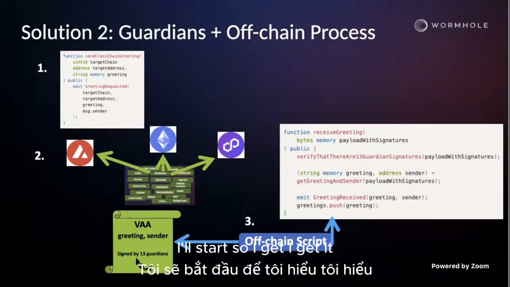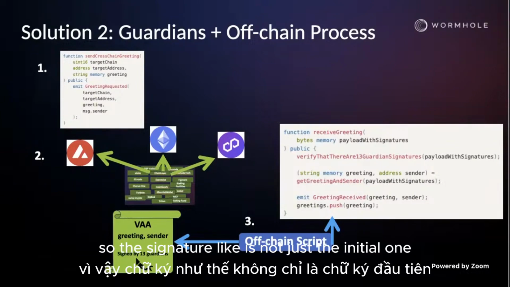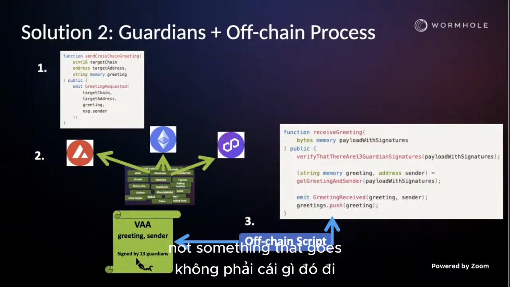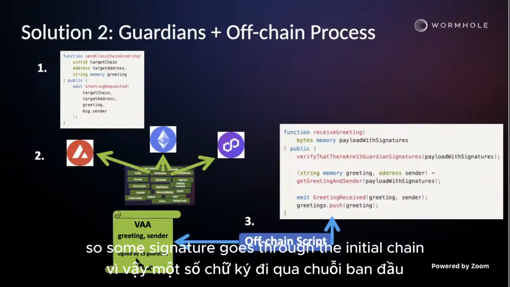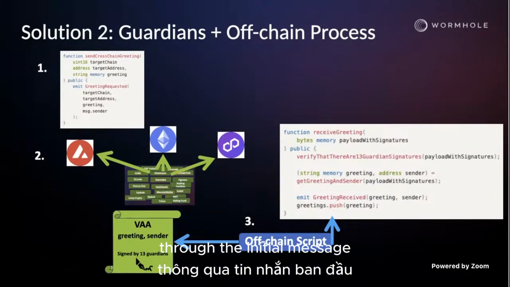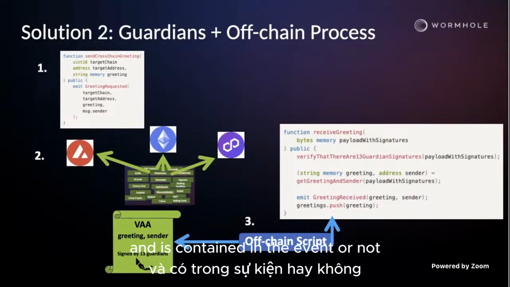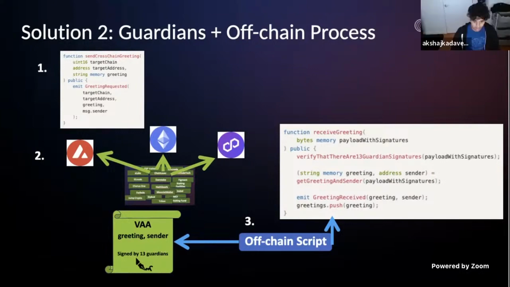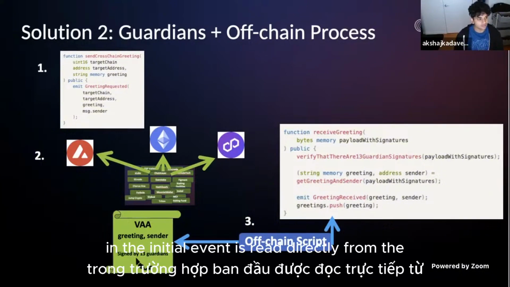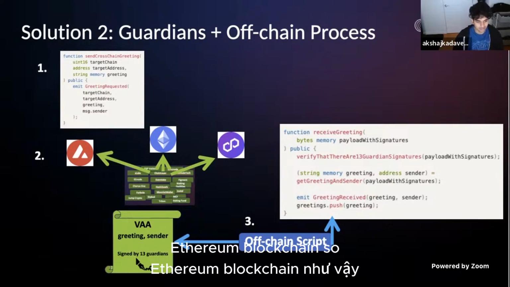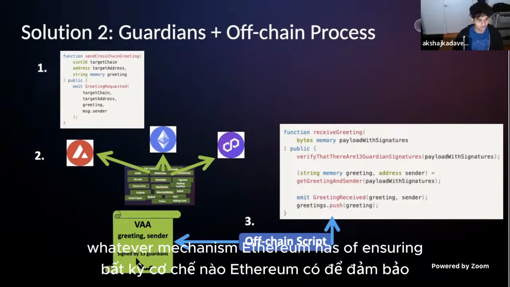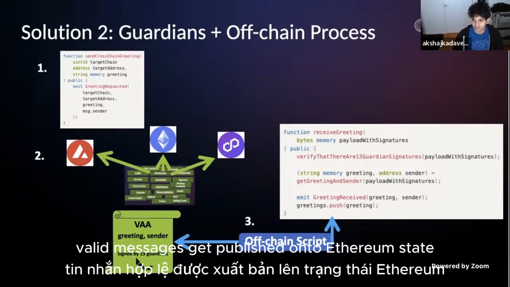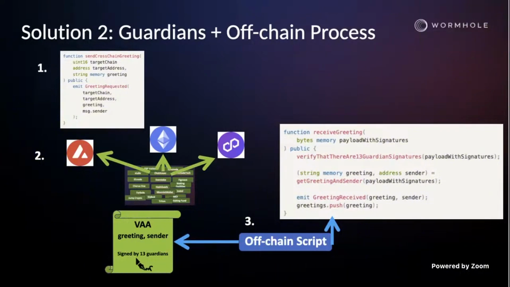So the signature is not just the initial one. Is some signature contained in the initial message and in the event or not? The initial event is read directly from the Ethereum blockchain, so whatever mechanism Ethereum has of ensuring valid messages get published onto Ethereum state. Right, I get it.